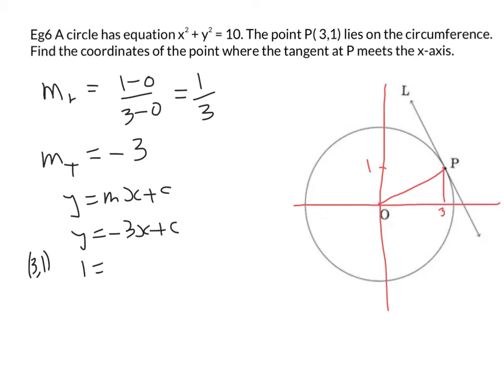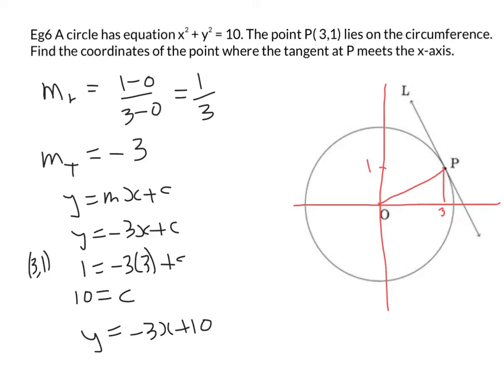The y value is 1, and the x value is 3. So that would give you that c is equal to 10. So the equation of the line is y equals minus 3x plus 10.